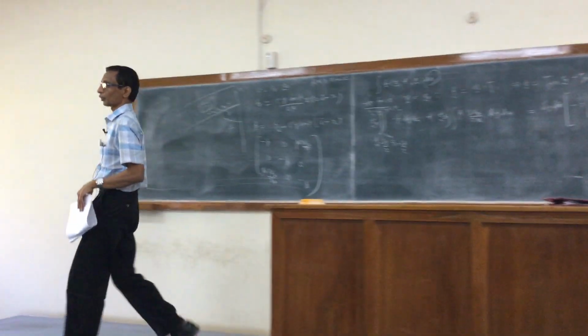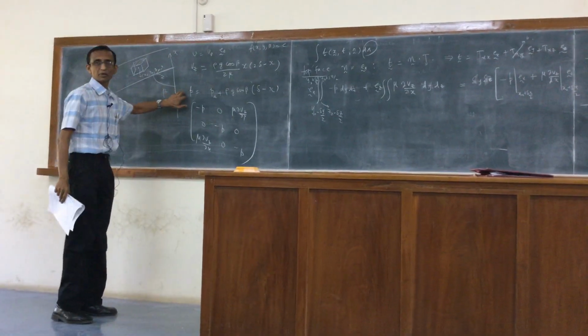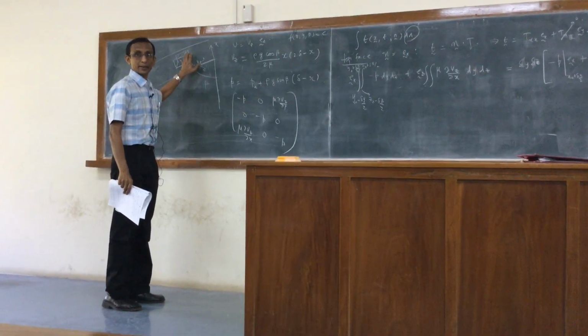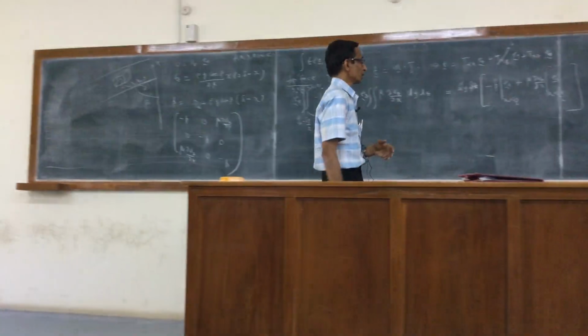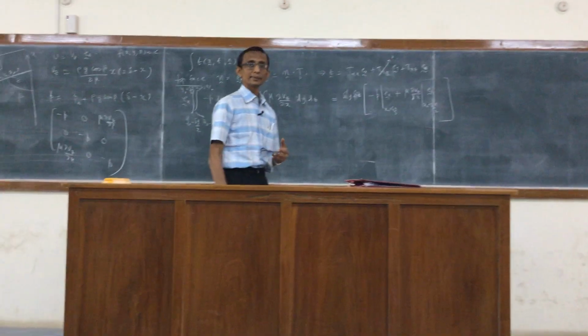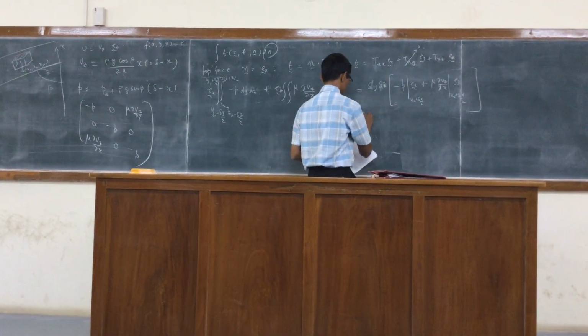So this is what we would get. The integrand is effectively constant, but it has to be evaluated at x0 plus delta x by 2 for the top face. For the bottom face, it would have to be evaluated at x0 minus delta x by 2.